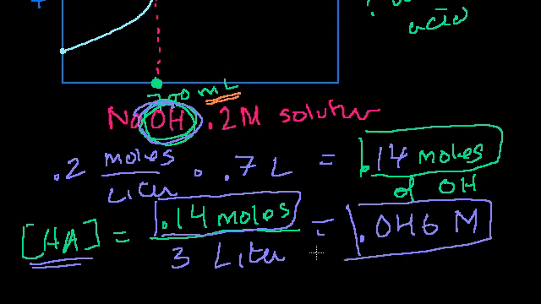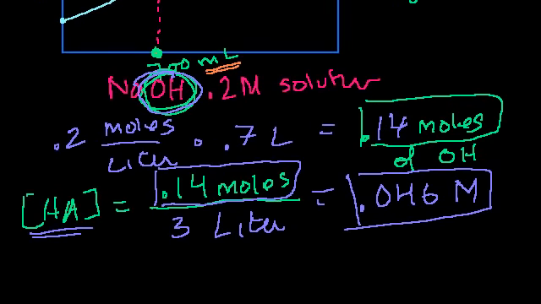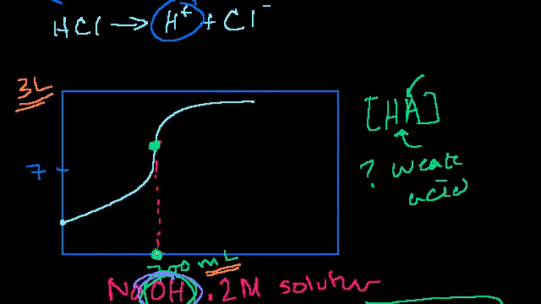Fair enough. Now, the other question is what is the Ka, or the pKa, of our mystery acid? Well, we just go to the half equivalence point. So we ask, what was the pH of our solution when we were at the half equivalence point, when we had only added 350 milliliters of our reagent, of our strong base, to the solution?